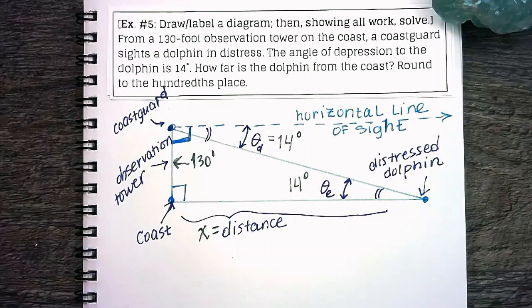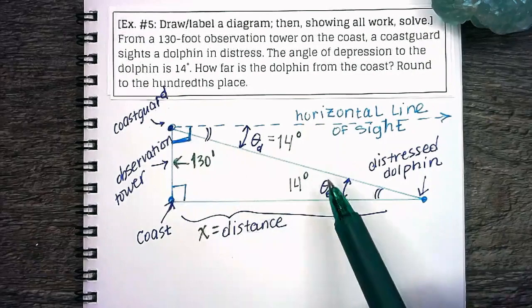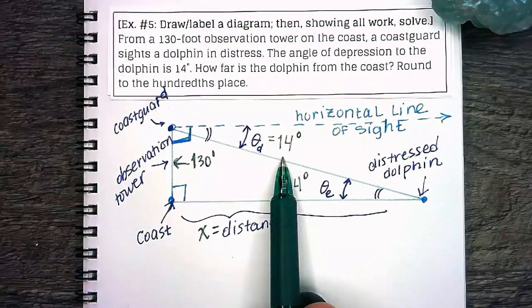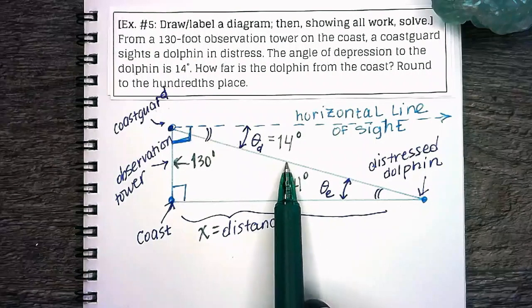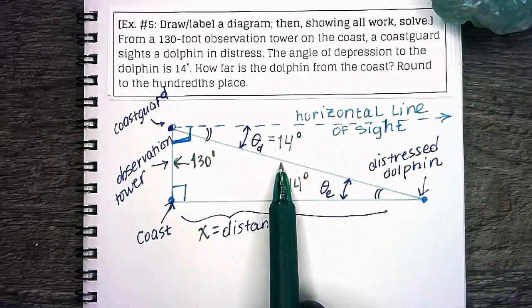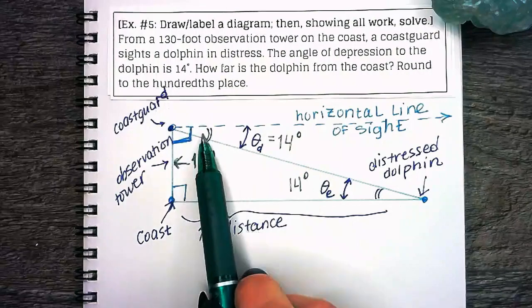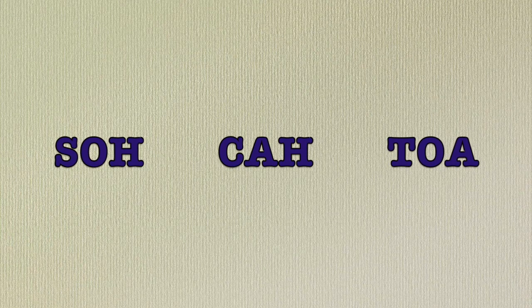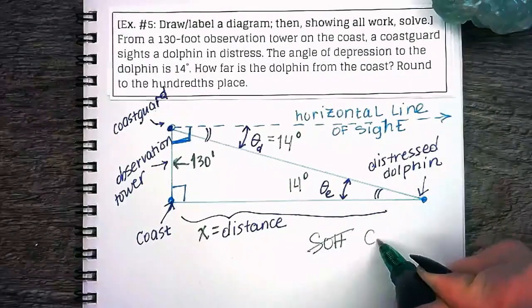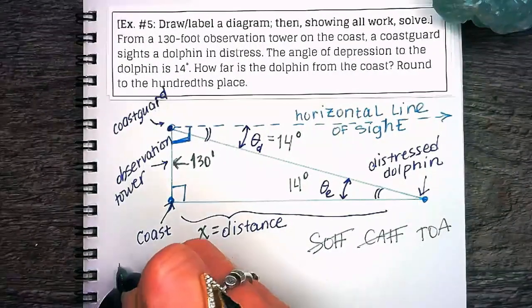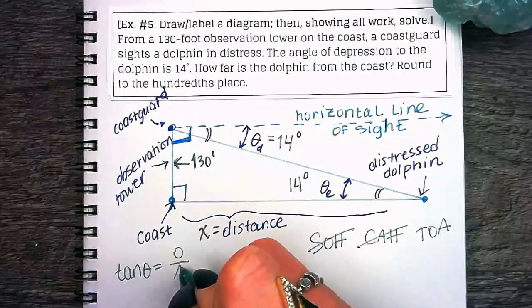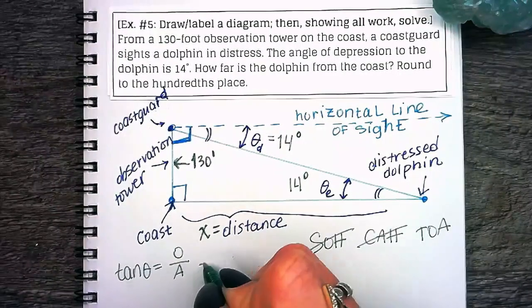Now we want to solve. If we look at it this way, this angle right over here, we don't have or need the hypotenuse. Which trig function should we use if we have no use for the hypotenuse? Tangent. The tangent of theta is the opposite over the adjacent.